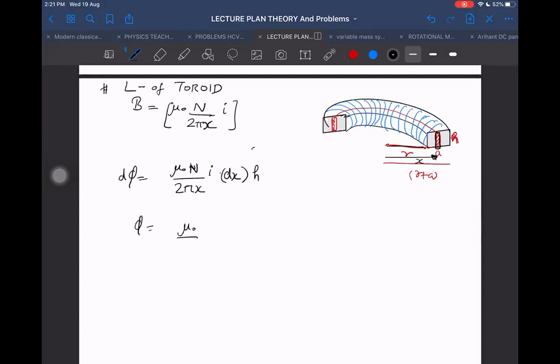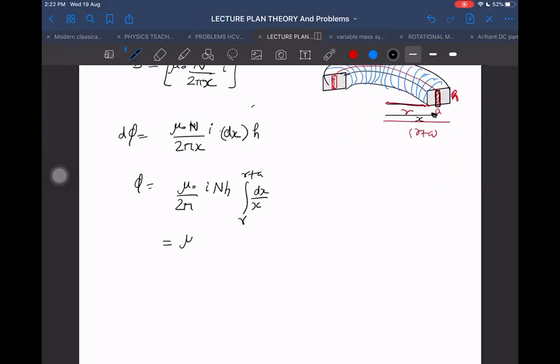Mu naught upon 2 pi into I into N, total number of turns in the toroid, into h into dx by x, limits r to r plus a. So as a result, we are getting mu naught N h I upon 2 pi log of (r plus a) upon r, and we have left the current.